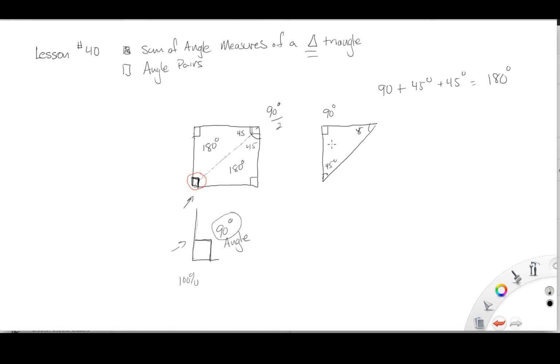So inside this triangle, the interior angles are also 180 degrees. So with that understood, we know that the measure of an angle depends on what the corners are. Okay, and so today we're going to be working on that example.